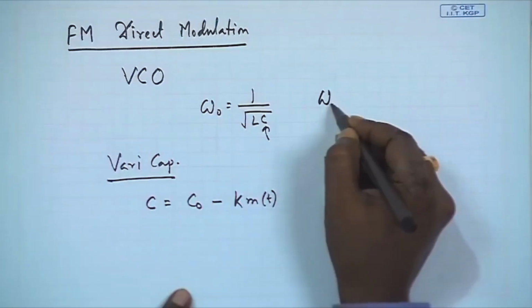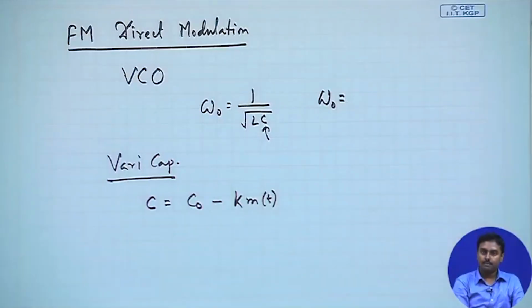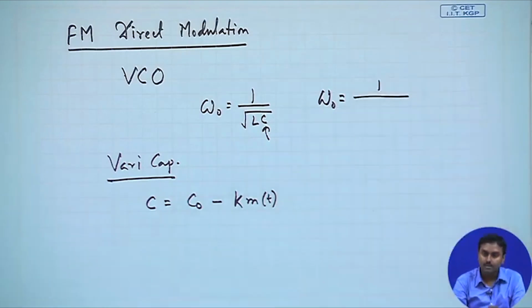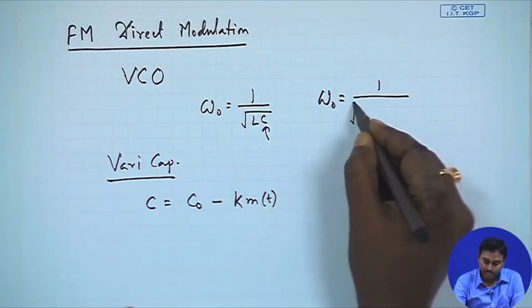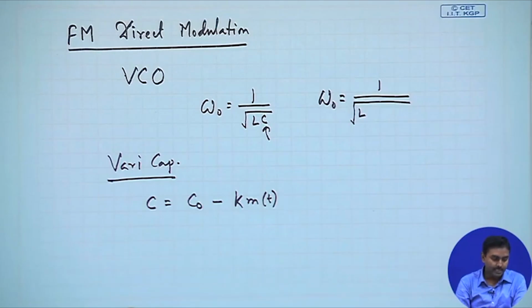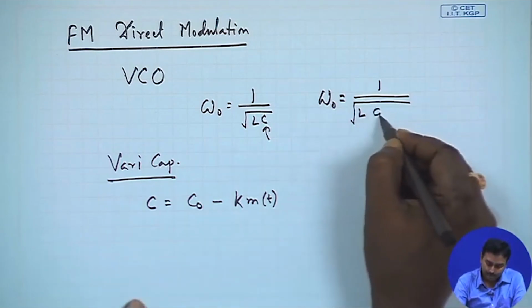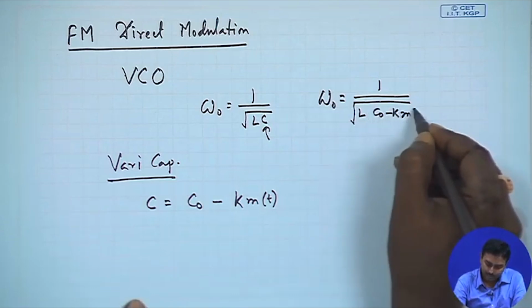Okay. So, immediately what happens to my omega 0 of that particular oscillator? L does not vary, but C is now actually C0 minus K m(t).